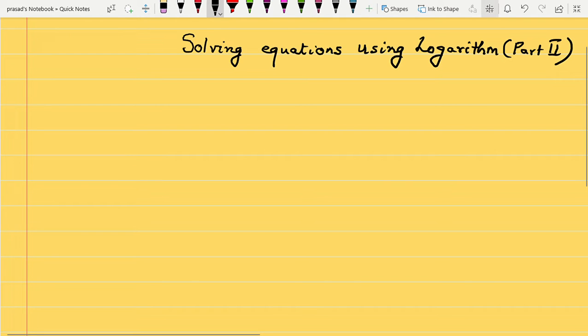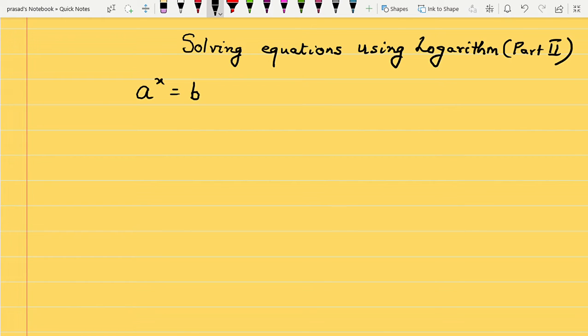Hello students, in the last class we have already seen how to solve some equations using logarithm. When the equations are in the form a to power x is equal to b, where a and b are constants and x is a variable which we are finding, we use the logarithm.